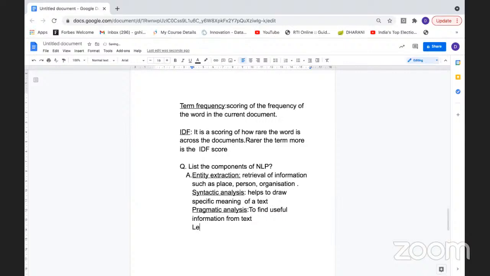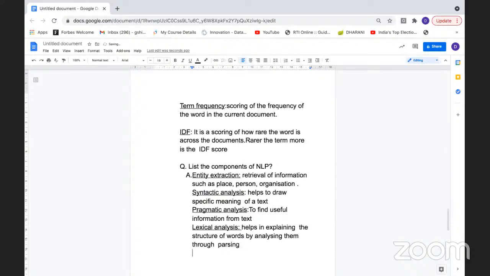Then we have lexical analysis. What is this lexical analysis? Morphological lexical analysis explains the structure. It helps in explaining the structure of words by analyzing them through parsing.